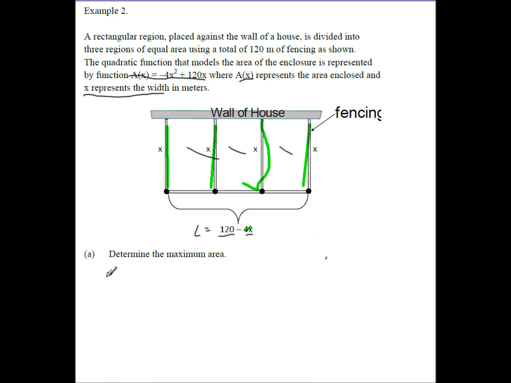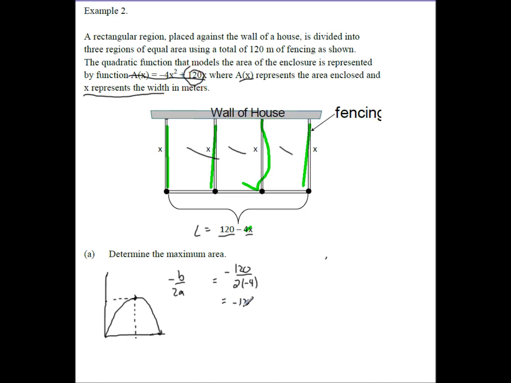If you think of the graph for this situation, the a value is negative, so the graph points down. The graph will go up, then down, and the maximum area will be here. When it occurs is the axis of symmetry, given by negative b over 2a. So negative 120, that's from here, over 2 times negative 4.